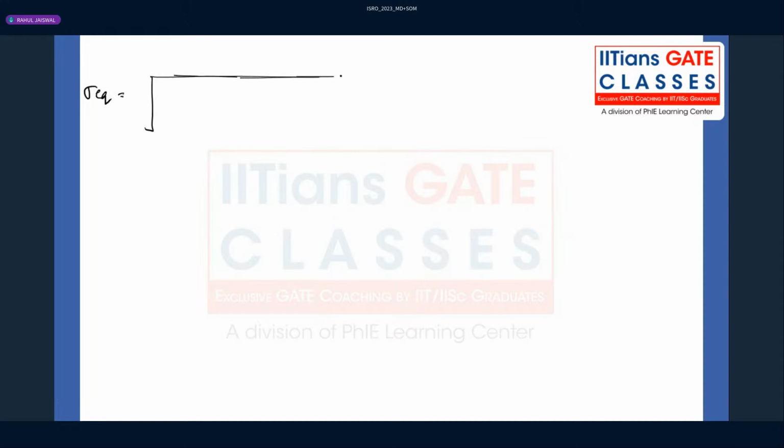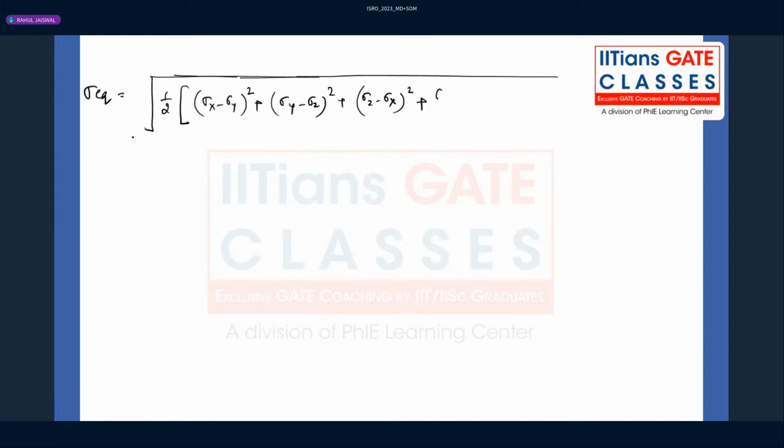We have a very big formula, half of sigma x minus sigma y whole square, plus 6 times tau squares, whole square, whole bracket, like this.